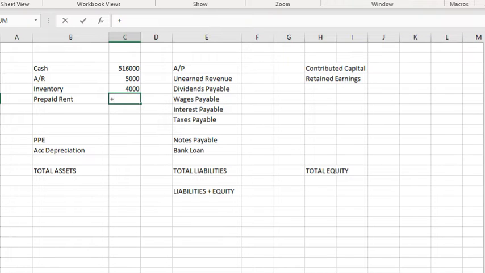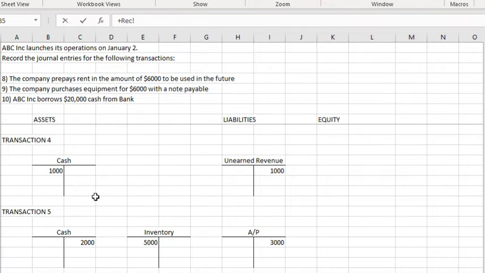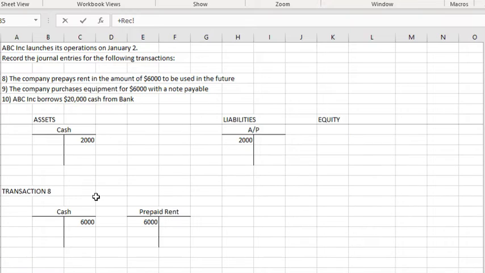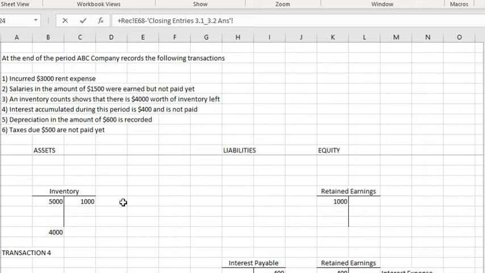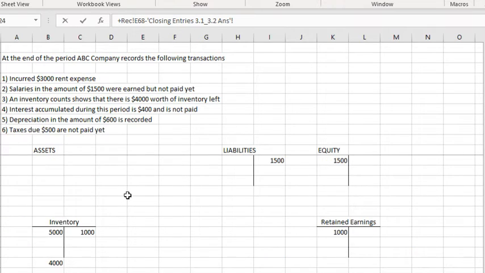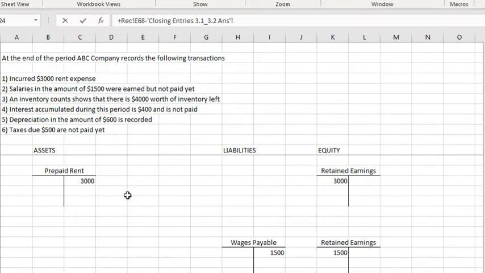Now it's time for prepaid rent. As you recall from the previous videos, there was a prepaid rent we paid at the beginning of the period for $6,000. And then some time passed, and as a result we recognized an expense and a reduction in prepaid rent.